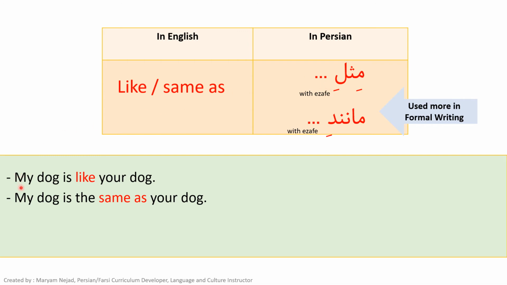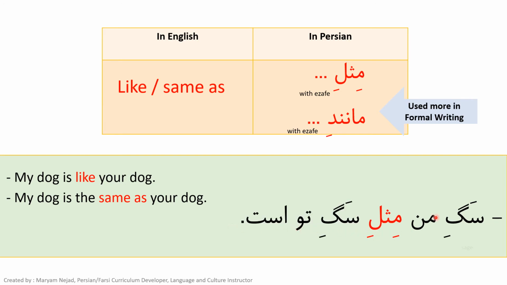Alright, so here we want to say my dog is like your dog, or my dog is the same as your dog, something like this. سگ من مثل سگ تو است. Or here we can also use the possessive adjectives and say سگم مثل سگت است. So here we have the first term, and then we need مثل in between, and then the second term.